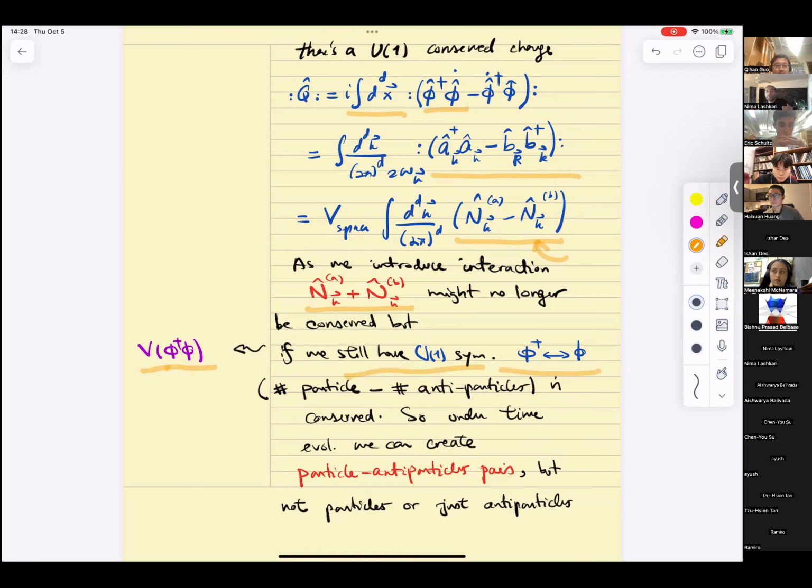So the total number of particles is no longer conserved, but the total number of particles minus antiparticles should be conserved. So you could create a pair from the vacuum, but it should always be a particle next to an antiparticle. You can never create a pair of A particles or a pair of B particles. You always have to have a particle and antiparticle, and it has to do with this U1 symmetry.